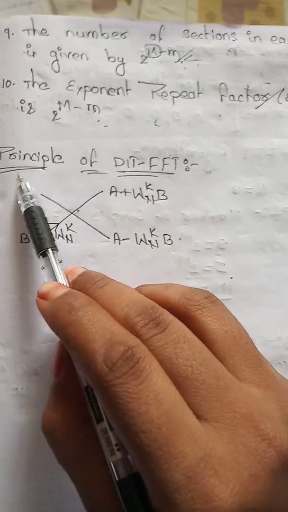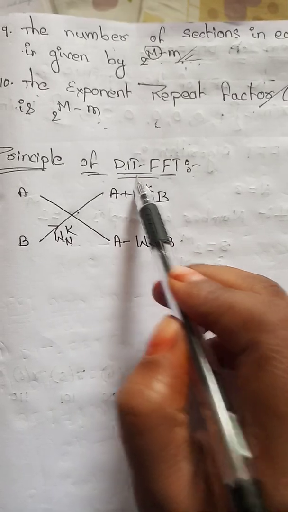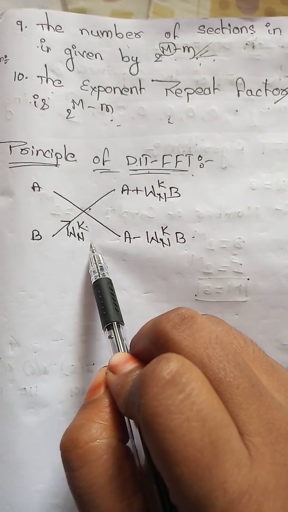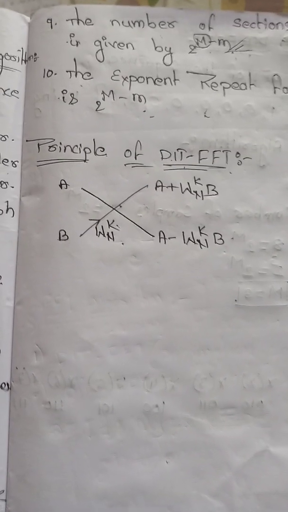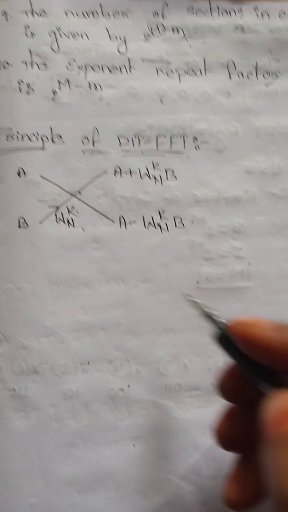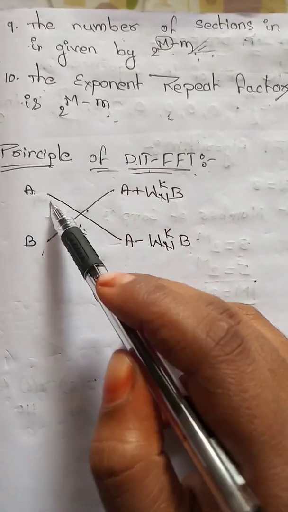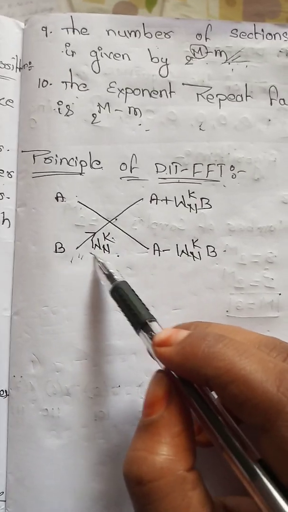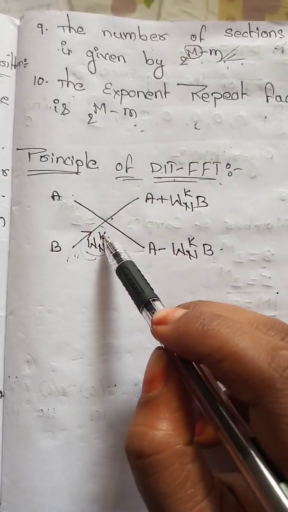Next one is the principle of DFT FFT. Actually we are having different butterflies in each stage. For example, A and B can be taken as inputs. We get the factor W N power k.